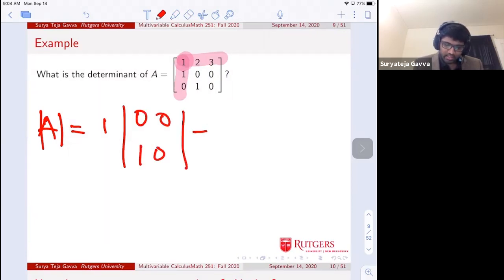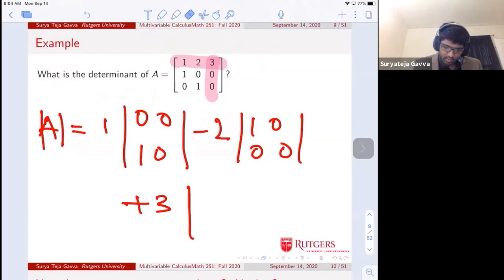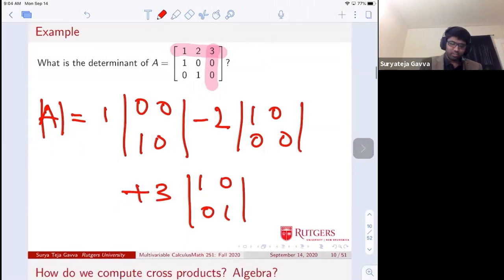Next, you take the second element, so minus 2 times 1, 0, 0, 0. Next, the third element, 3 times, if you remove 3, you're left with 1, 1, 0, 0, 1. So that is the determinant. Can you compute what this is?